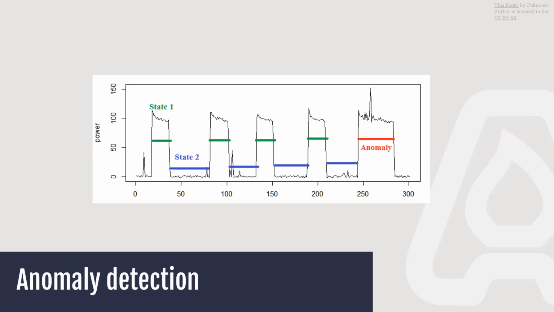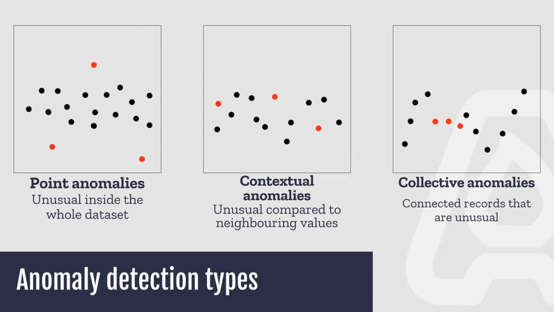And there's 3 types of unusual values. The easiest one to monitor for is a point anomaly. So this is just, this value is outside the expected range. Classic monitoring has been doing this for years and years because it can be quite easy.